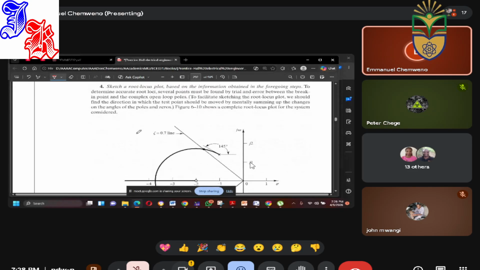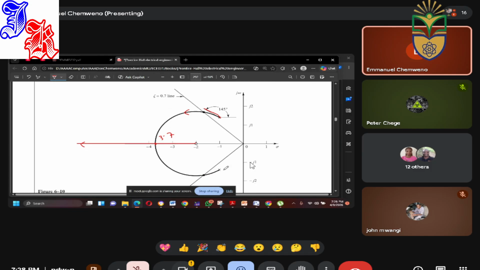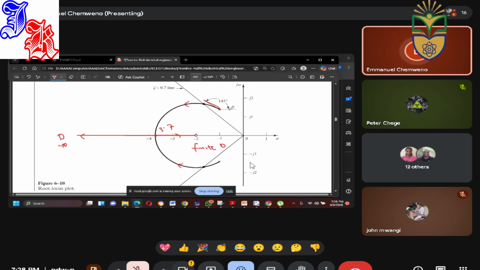And then now we sketch. We have gotten an angle 145 degrees, negative 3.7. And we said to the right was locus. So this will come and then take off. The other one will come this direction and terminate. So this will terminate at zero at infinity. This will terminate at a finite zero. That's how you apply angles of departure.